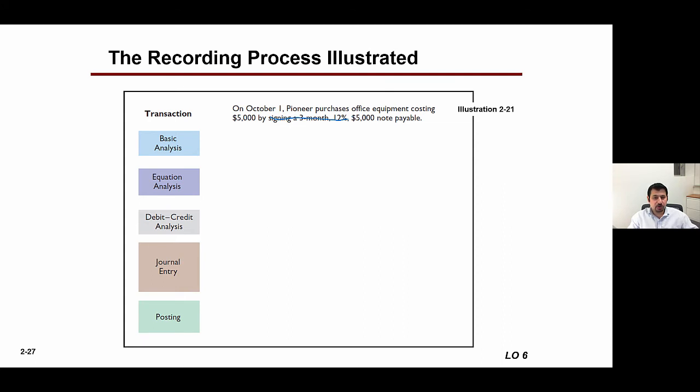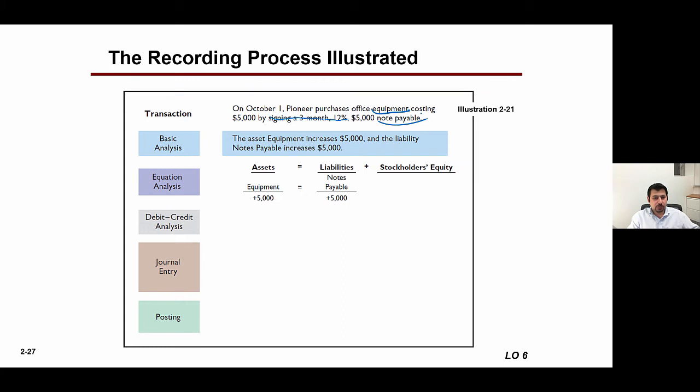So the accounts that are involved are equipment and note payable. We know what happened to the asset account equipment. It has increased by 5,000, and note payable has also increased by 5,000.